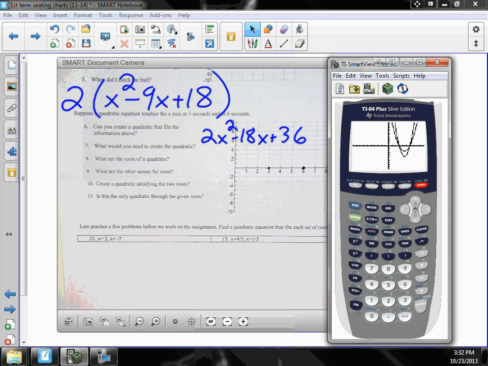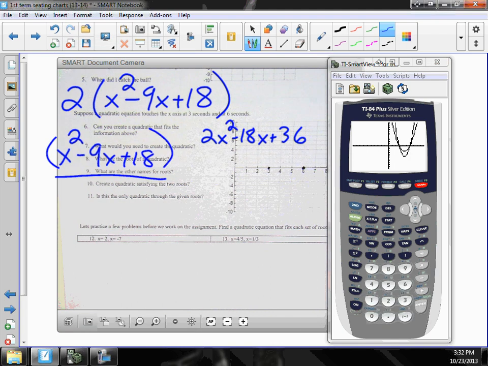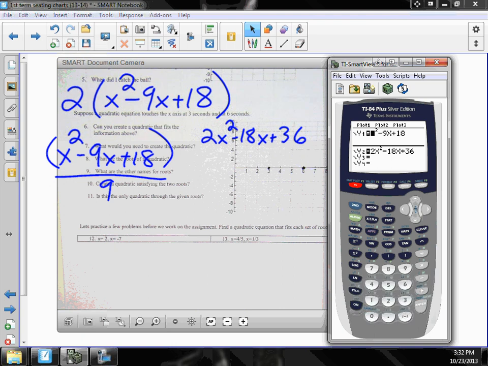Okay, well, if I take x squared minus 9x plus 18, if I divide this by, say, let's divide it by 9, so I would get 1/9 x squared minus 1x plus 2.